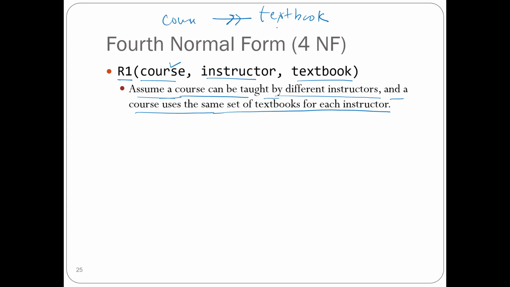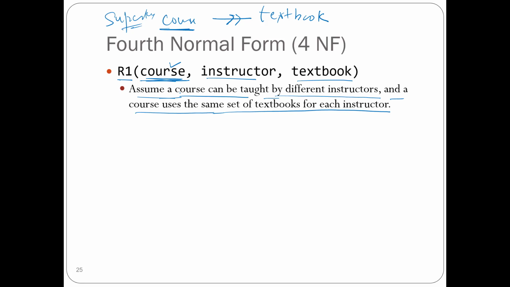Good. And fourth normal form says that if you have a non-trivial multi-valued dependency like this, then what you have on the left-hand side, which is course, should be a super key. Is that the case here? Is course a super key here? No, because the same course has multiple textbooks and the same course has multiple instructors.